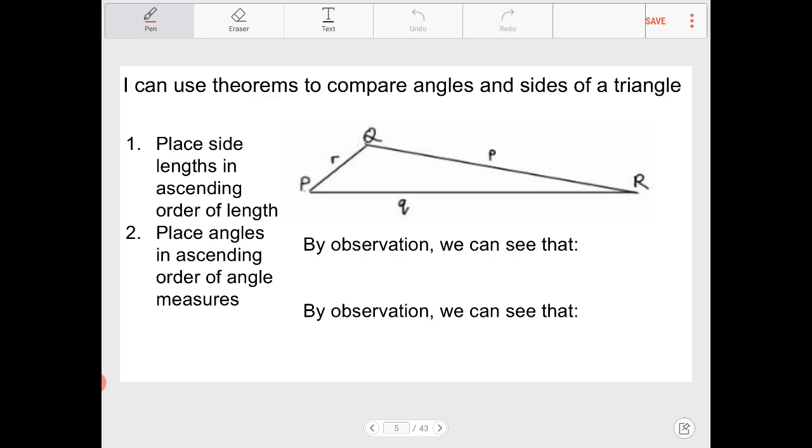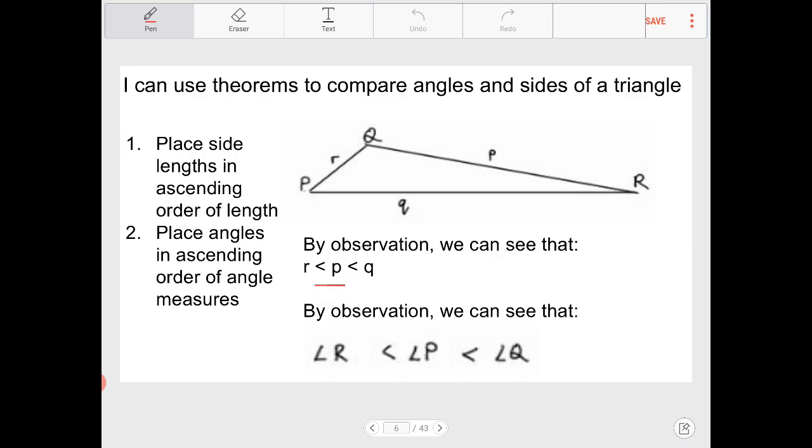By placing the side lengths in ascending order, it looks like R is going to be the shortest, P is going to be the second longest, and then Q looks to be the longest of them all. And then going by the angle measures, it looks like capital R is the shortest, capital P is the second largest, and capital Q is the largest of the three.